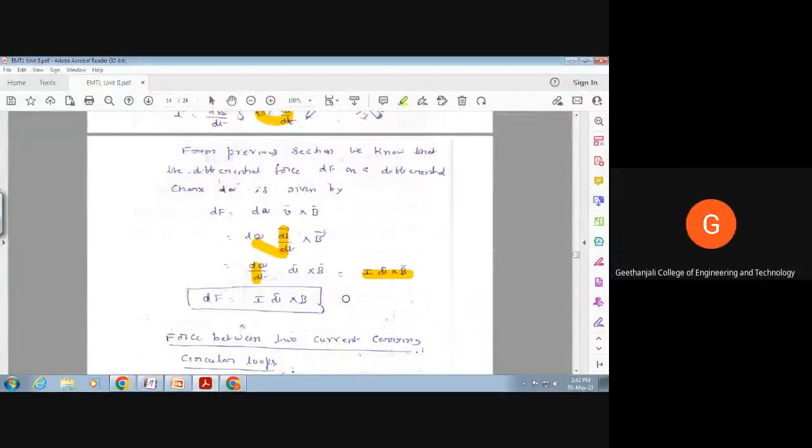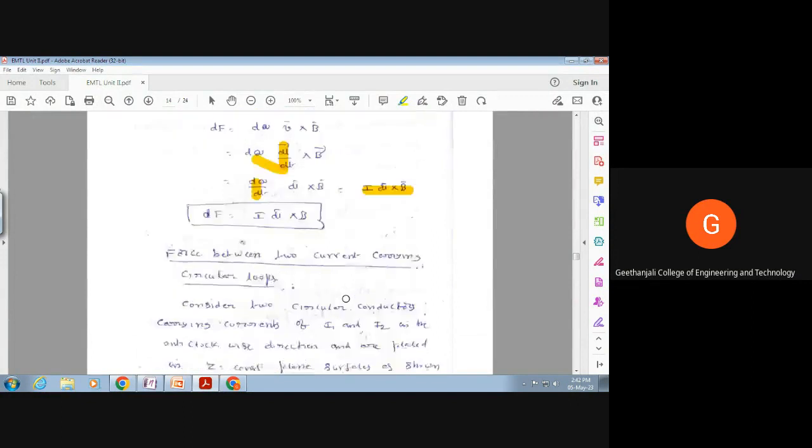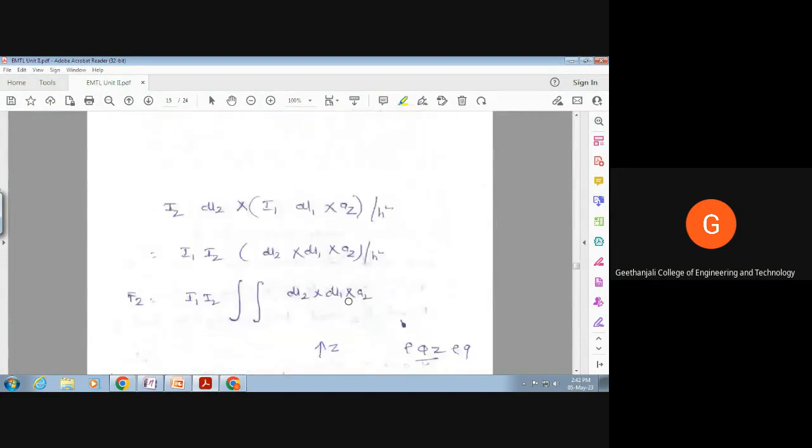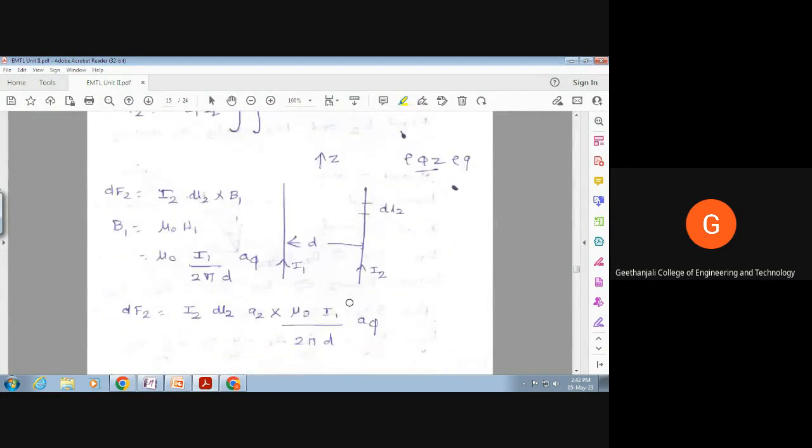Now let us discuss what Ampere's force law is. Suppose there are two conductors carrying currents of I1 and I2 respectively. The current is, let us say, flowing in the positive Z direction. I1 is flowing in the positive Z direction. I2 is also flowing in the positive Z direction.